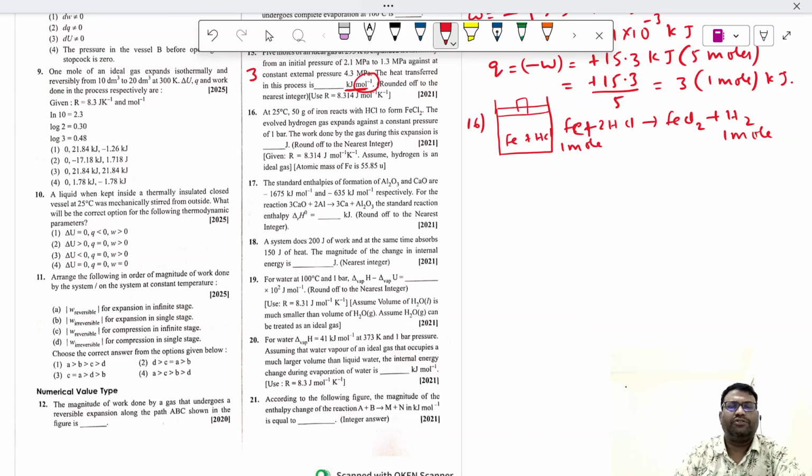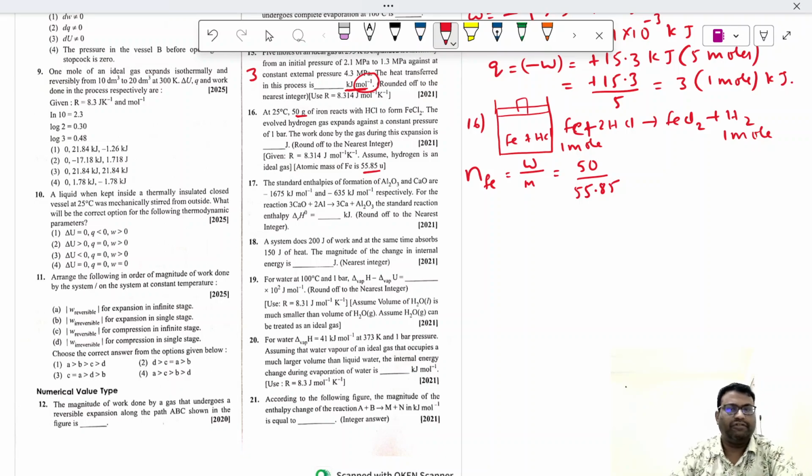So number of moles of iron is equal to given weight by molecular weight. Given weight is 50 grams in the question, and molecular weight is 55.85.